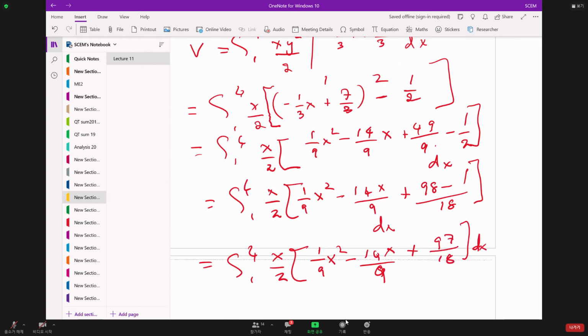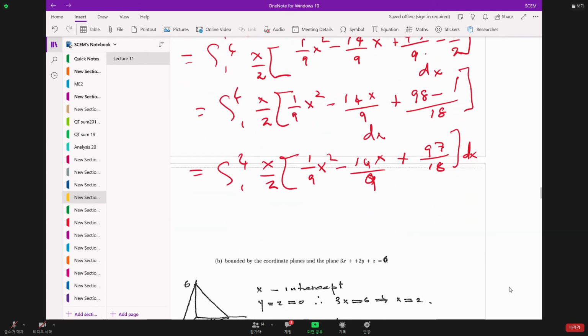dx. So then you just work out this integral. So you have the integral from 1 to 4 of x cubed by 18 minus 14 x squared by 18, plus 97 by 36. Now just integrate this straight away.